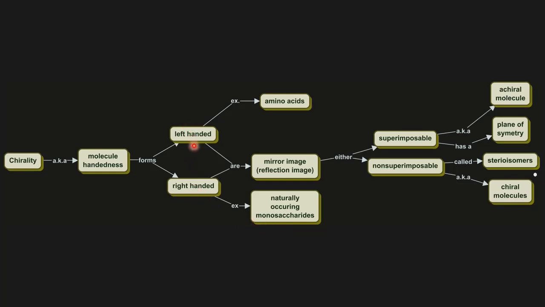The left-handed and the right-handed forms are mirror images of each other, but they can be either non-superimposable or superimposable images.